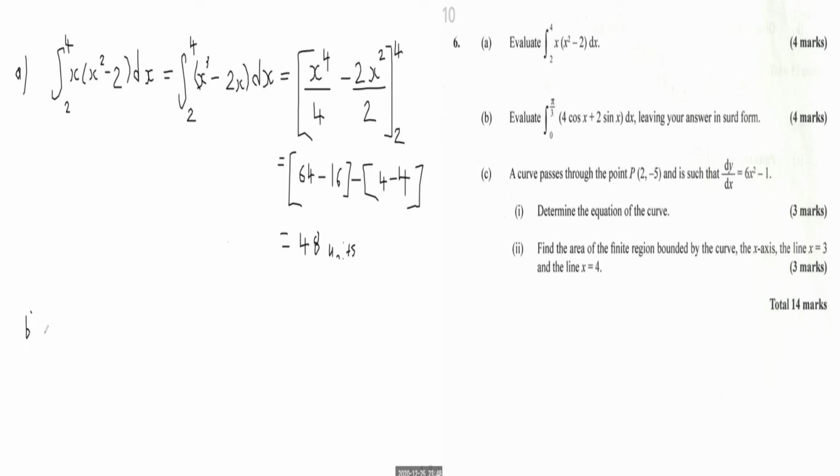Part B is asking us to evaluate the integral from 0 to pi by 3 of 4 cos x plus 2 sin x.